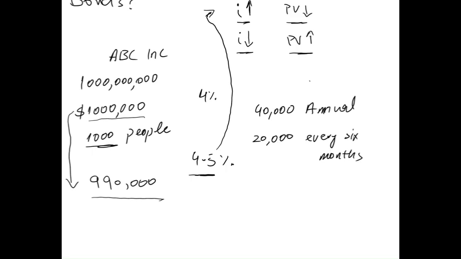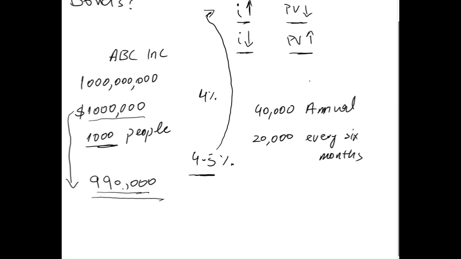If the market rate is 4.5%, how much do we need to invest should be not $1 million, just $990,000. And I just came up with this number. The actual number might be different.